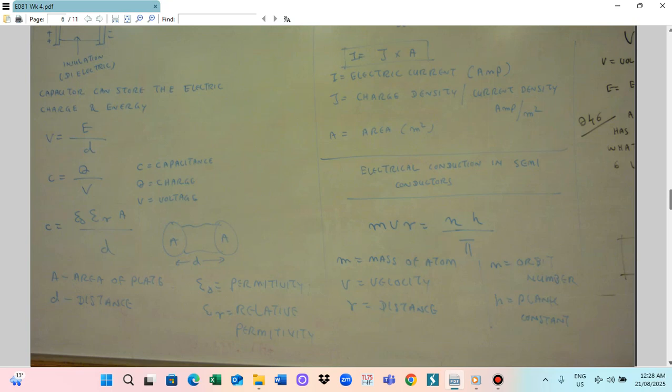The next one will be electrical conduction in a semiconductor. This means a semiconductor can also conduct electricity. When electric current flows into the semiconductor, what happens? We can write down the equation: mvr equals nh divided by pi.